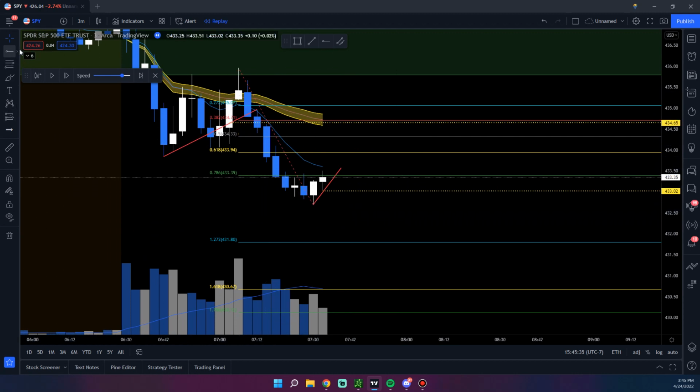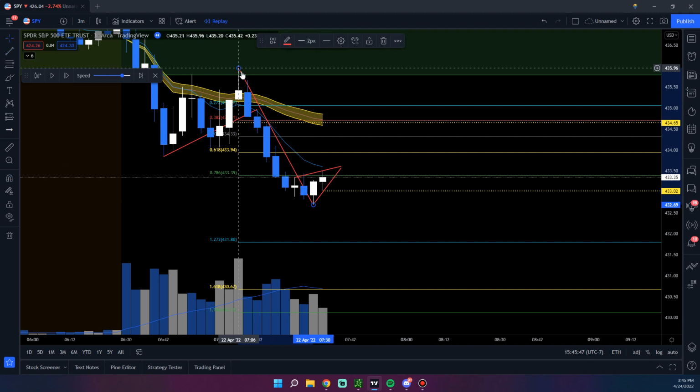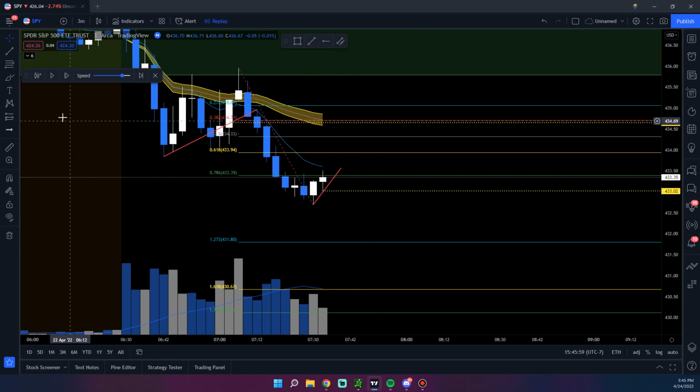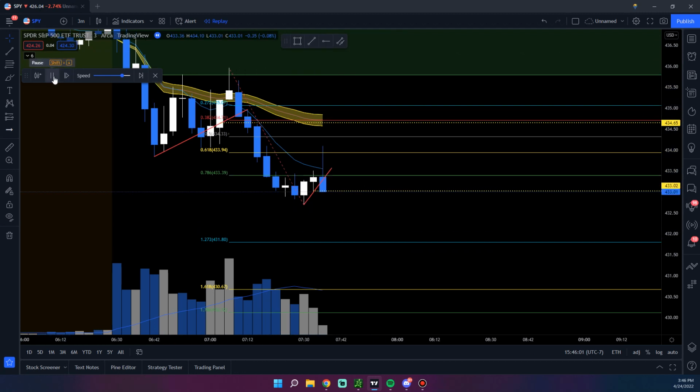Like I mentioned, I don't draw the top of the flag. In this case, this is actually a bear pennant, and I don't draw my flagpole because I don't need either one of them to make this trade. All I need to know is when I break my trend line and where my last touch is. So to keep things cleaner and less complicated, I'm going to remove those two things. And let's keep playing this out.